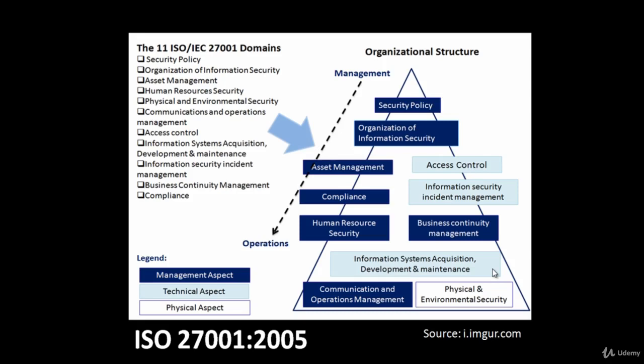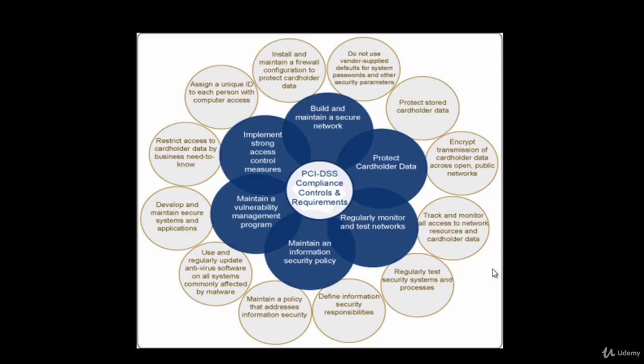On the right side, the control domains are associated with the organizational structure wherein proper correlation is deployed with the technical and non-technical processes.